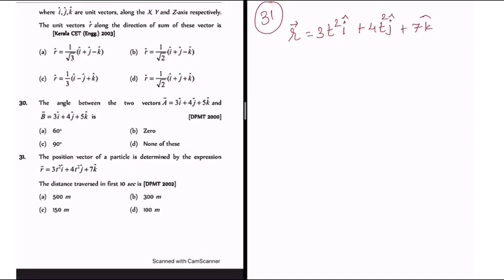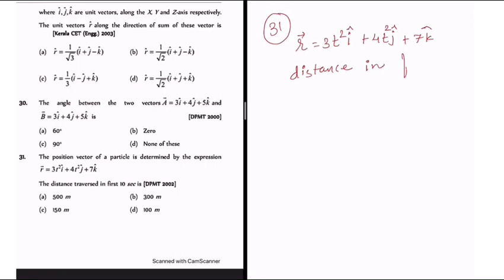And what you need to find? Distance in first 10 seconds, that you need to find.